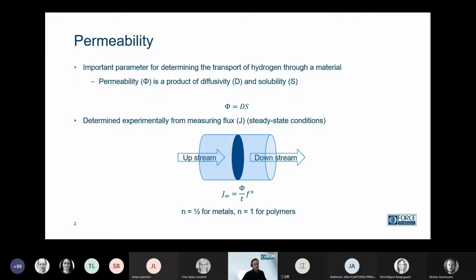I think we will talk a little bit more about that, but essentially it means that the permeability for a metal does not have the same unit as a polymer permeability, but when you convert them into flux, you will have the same units, and then you will see the difference.